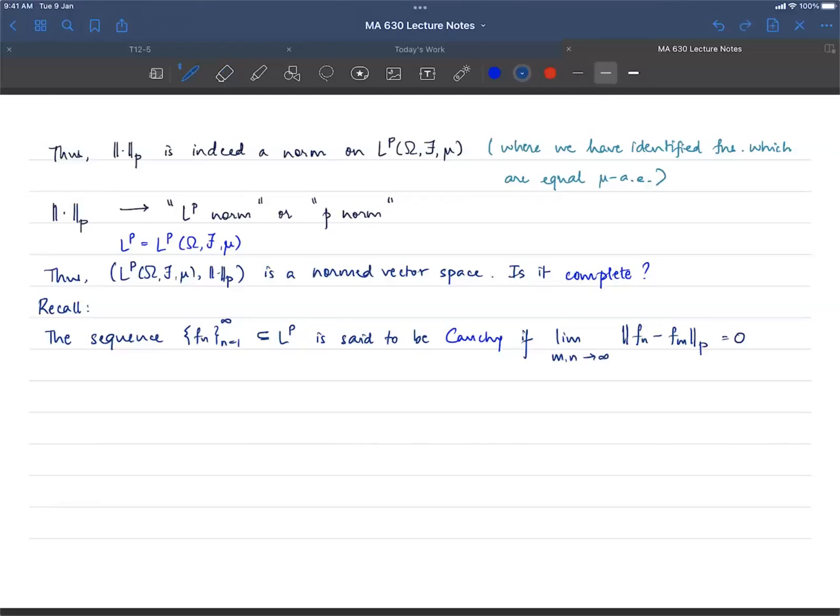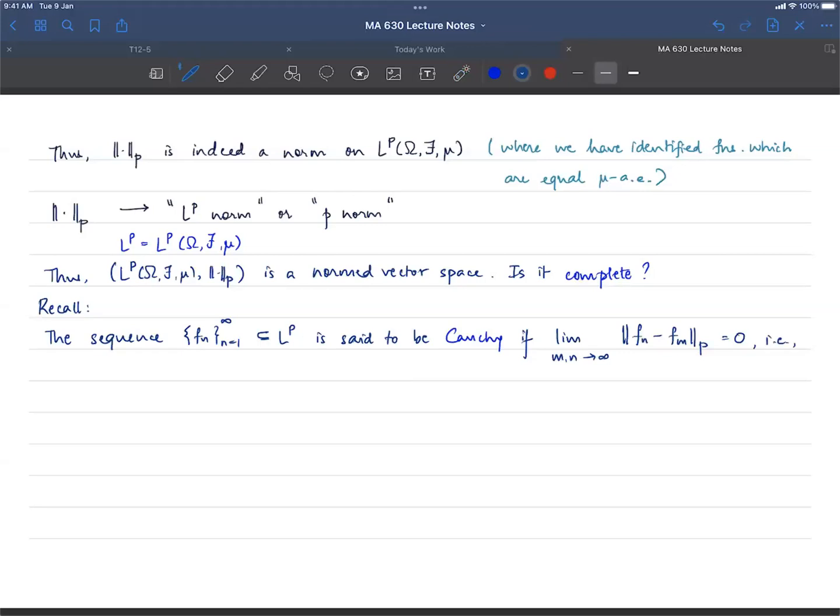Let's now say this more precisely. What you're saying is, a sequence is Cauchy if as you go further along the sequence, the terms of the sequence get close to each other. That does not necessarily mean that they converge to some limit. All they're saying is that the terms are getting close to each other. Okay, so let's see this. If the limit as n goes to infinity of the p-norm of f_n minus f_m equals 0, what does this mean?